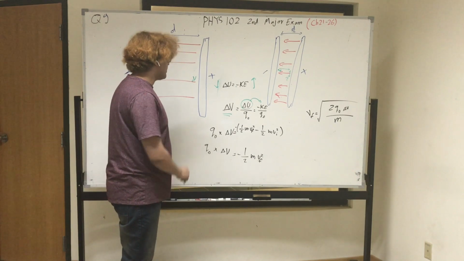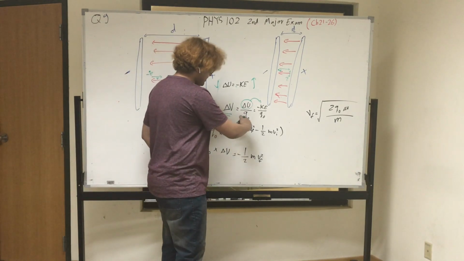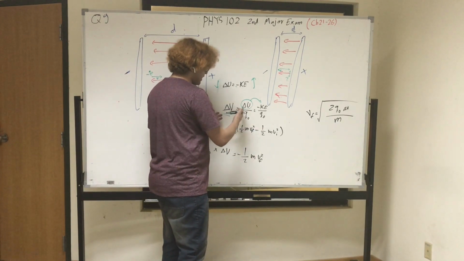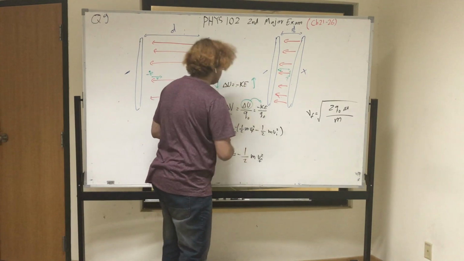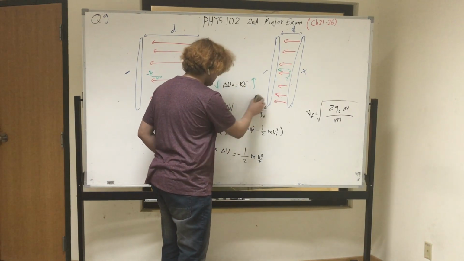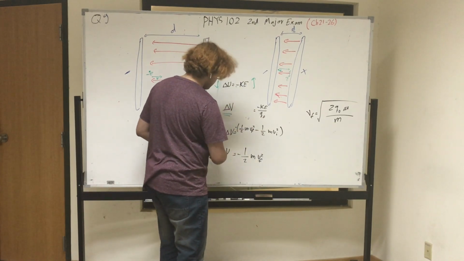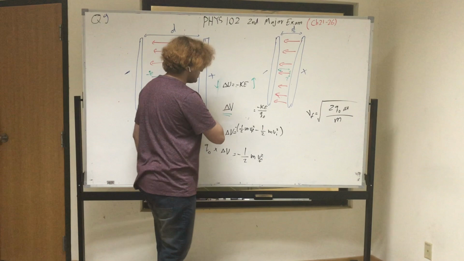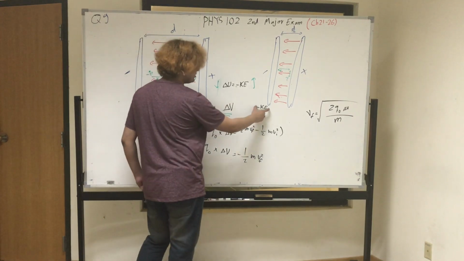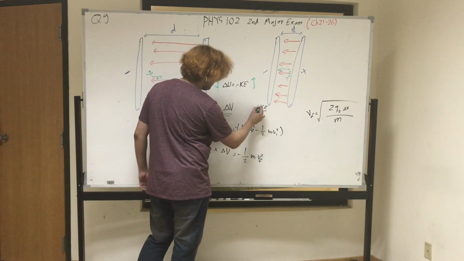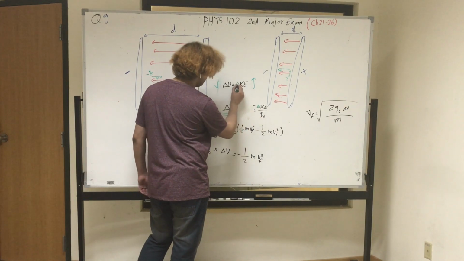Now multiply both sides by q naught. So you'll be getting q naught times the potential difference is equal to the change in kinetic energy.